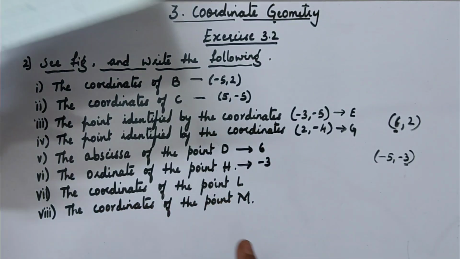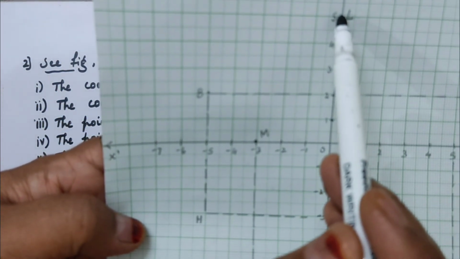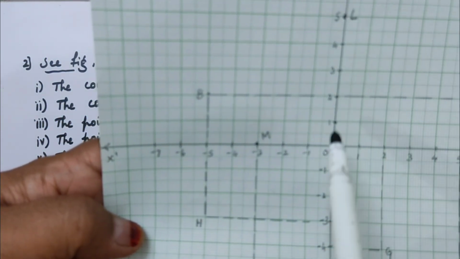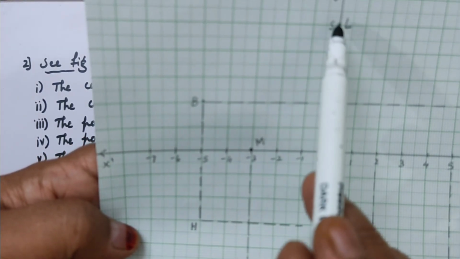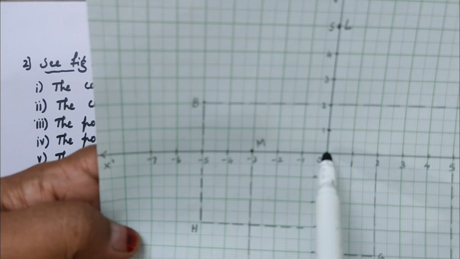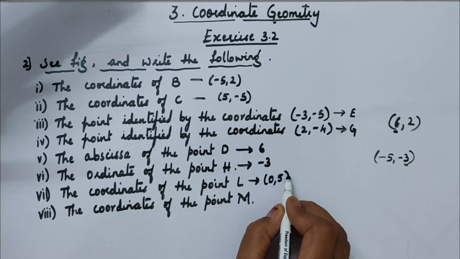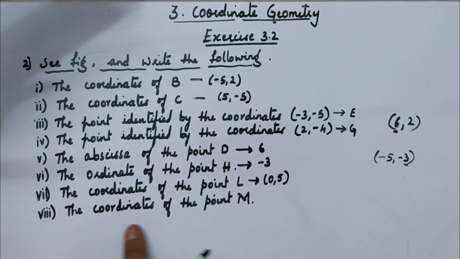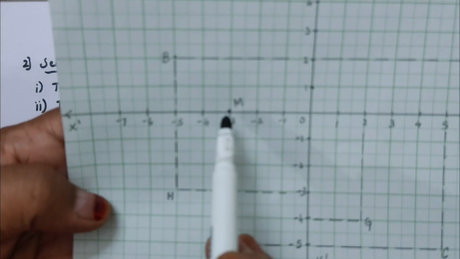The coordinates of the point L. Now L is here, students. X-axis is 0, y-axis is 5. That is 0, 5. Now the coordinates of the point M. See, point M is here.